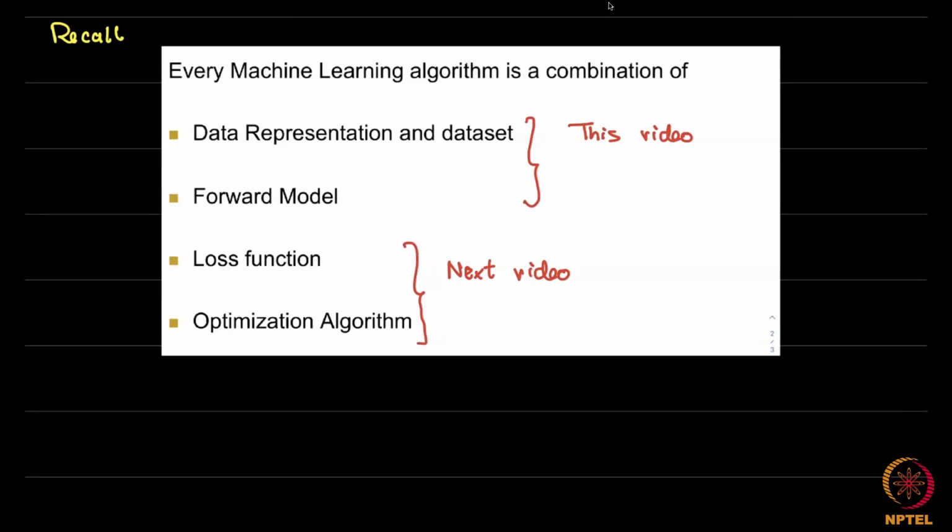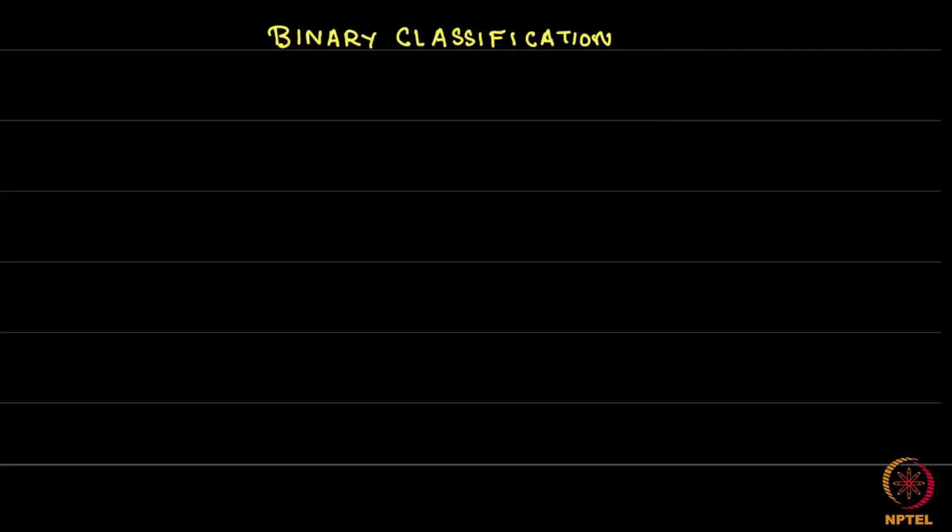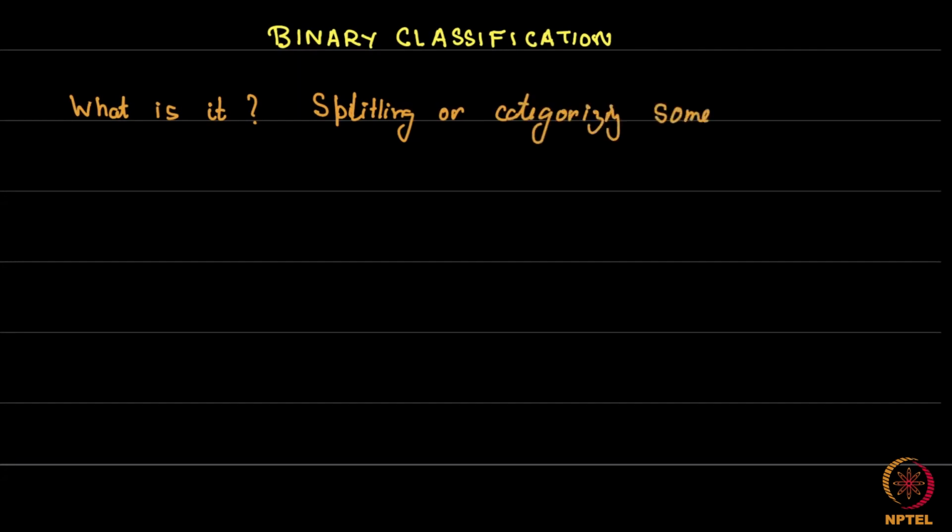So let's now step into the data representation and data set portion of binary classification and talk about what it actually is. So what is binary classification? Binary classification is simply splitting or categorizing or classifying, of course, something, whatever it is.